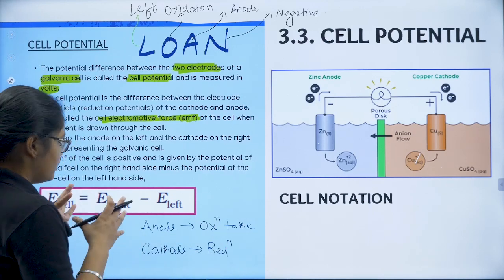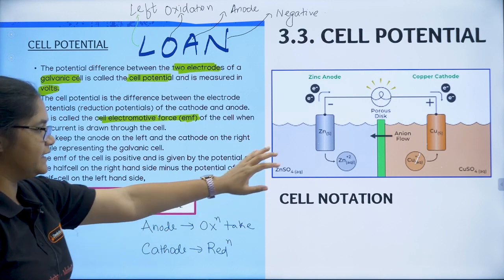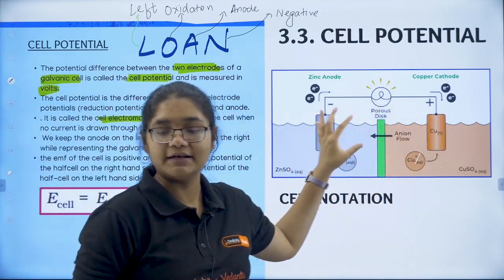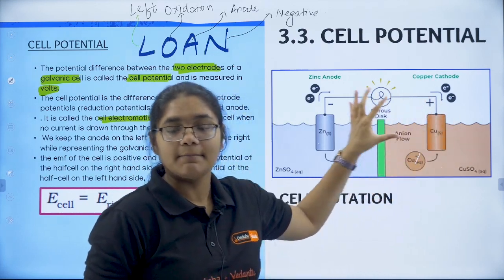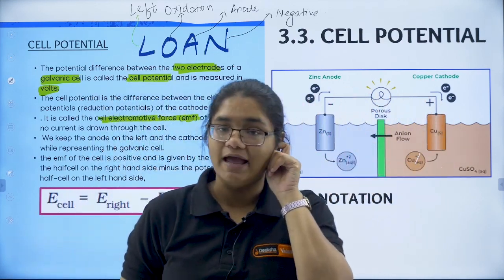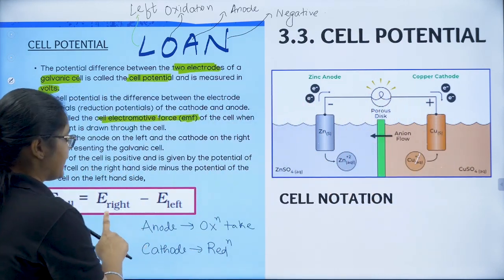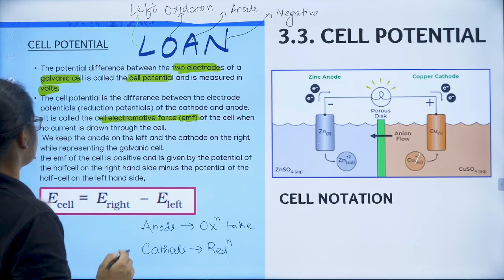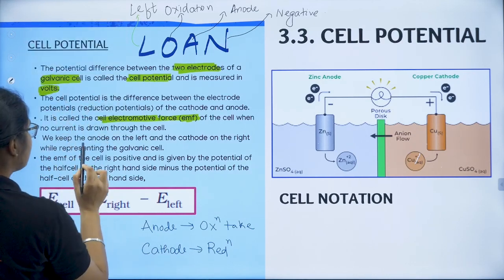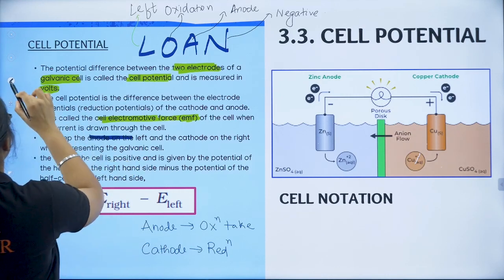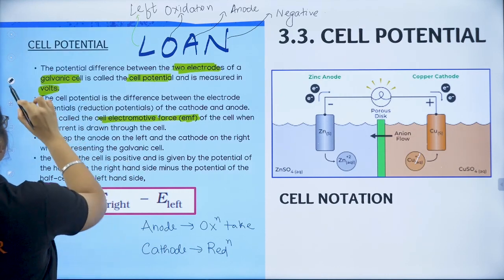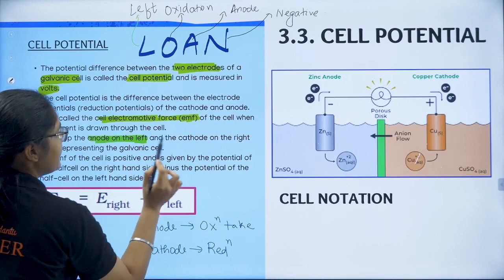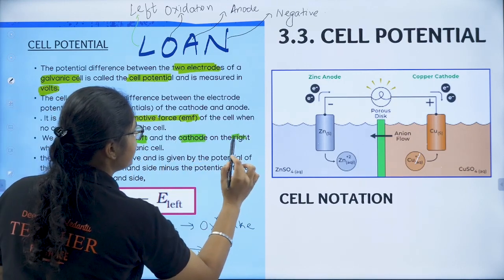Now what is the cell potential here? The reduction potential of cathode minus the reduction potential of anode, so E right minus E left. Always remember, we have the anode on the left side and the cathode on the right side.